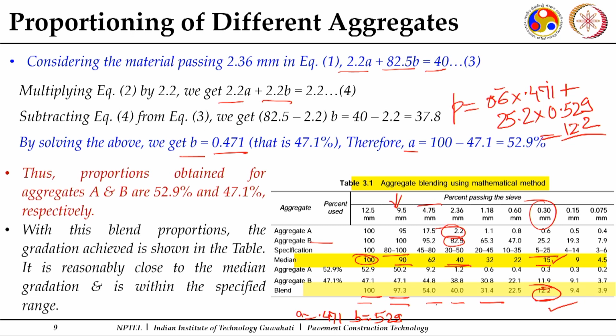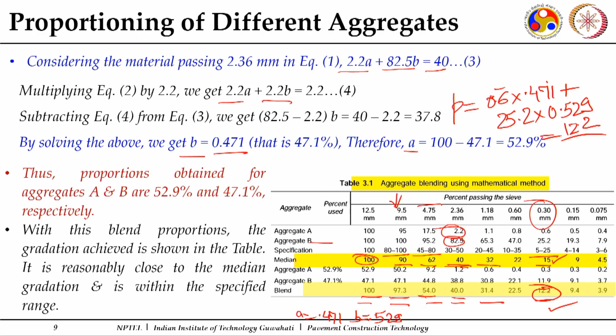When it came to 4.75, the target was 62, I got 54, which is within the range. It is acceptable, but mine is coarser compared to what I require, around 60% as my target mid value. When it came to 40, I exactly got 40, because I solved this equation for 40 only.